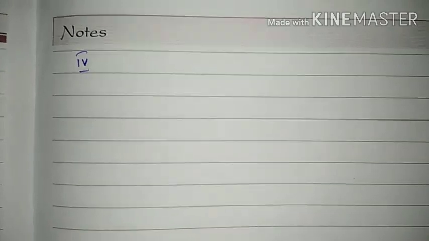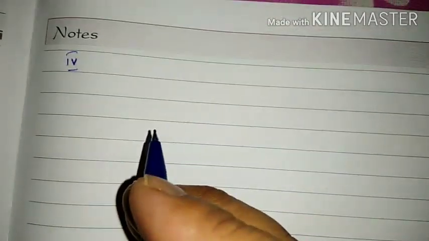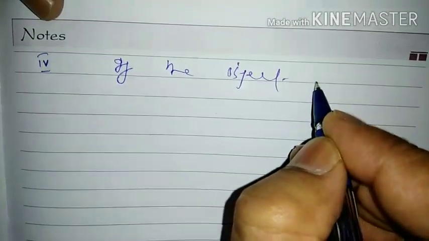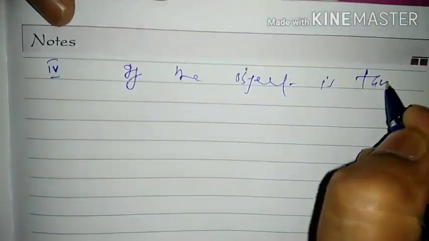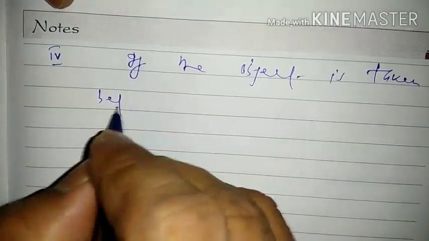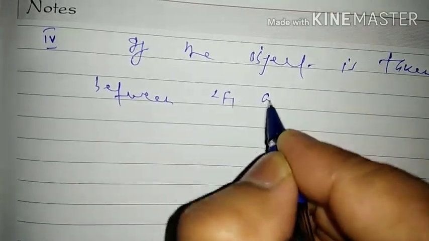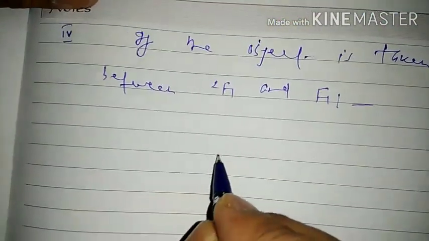Now, see situation case number 4. This is very important part of our numerical. So if now object is taken in between 2f1 and f1. See what is the situation.